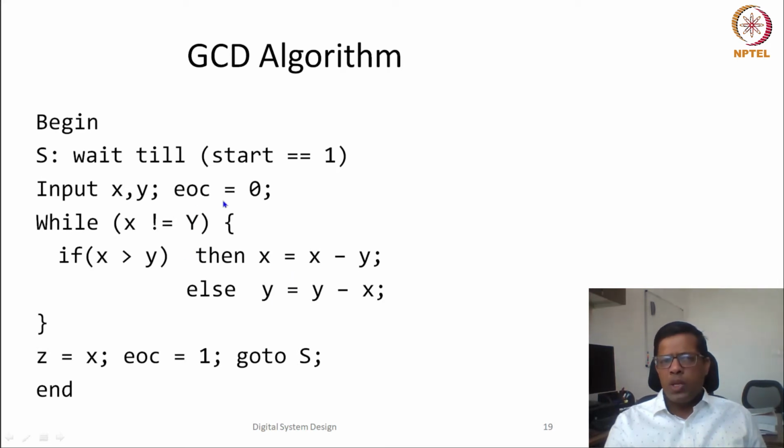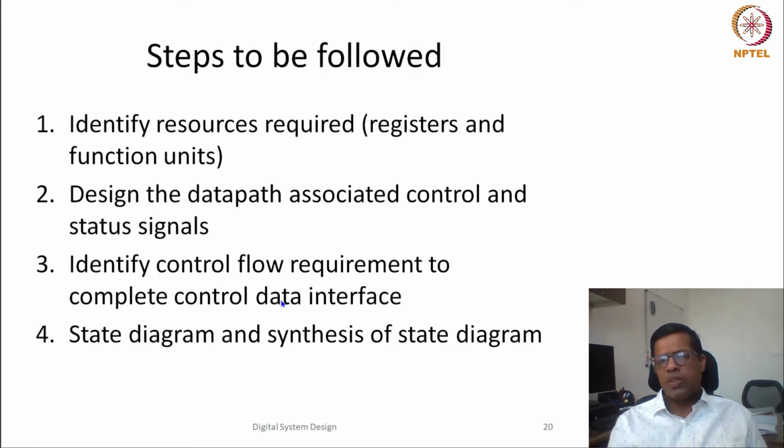How many registers we may require, usually we cannot identify at this moment, but here things are simpler. We can see probably 2 registers from where we can read, and 1 register where we can write. So these three registers may be sufficient, and function units means we require comparison, we require subtraction.